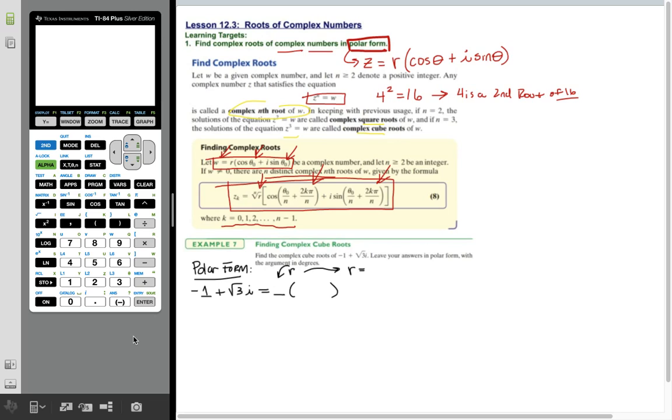You take the square root of the first number, x, or a, that's squared, plus the square root of 3 squared. Just like that. So that's going to be the square root of 1 plus 3, which is, of course, the square root of 4. So the r value is going to be 2.